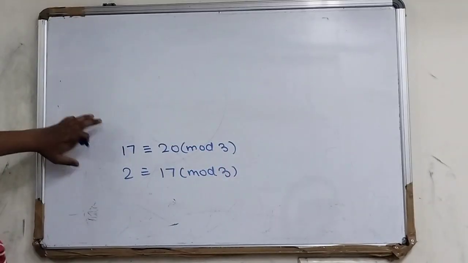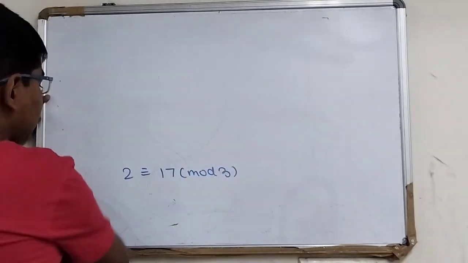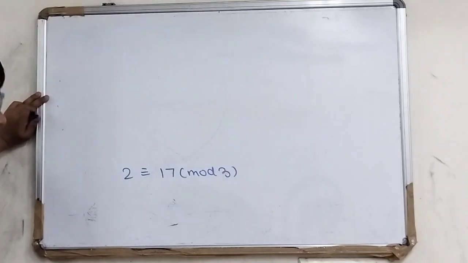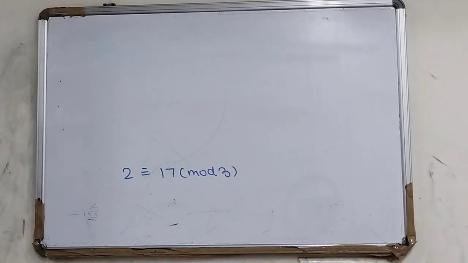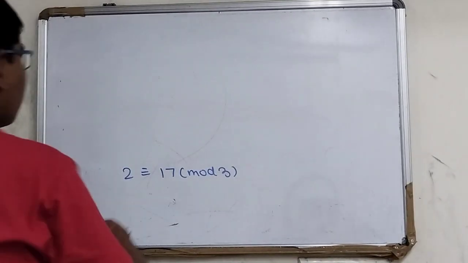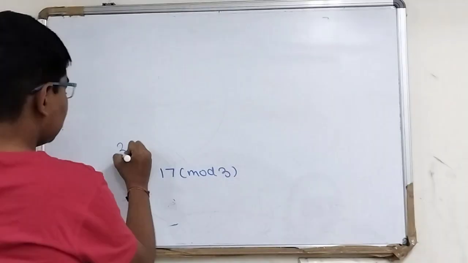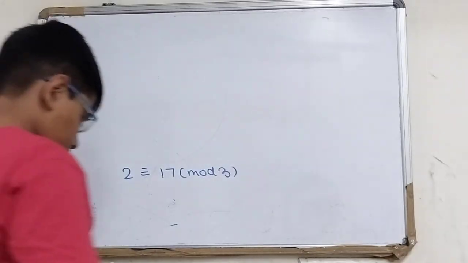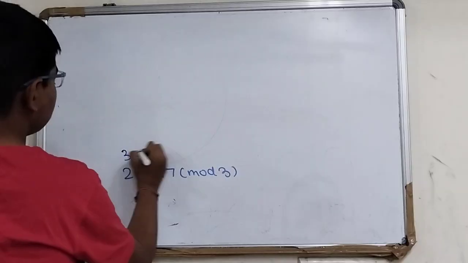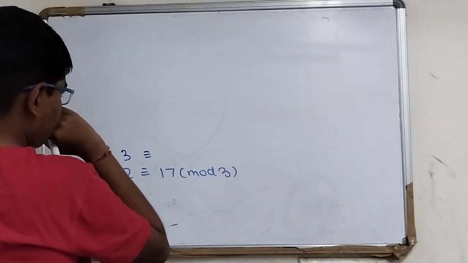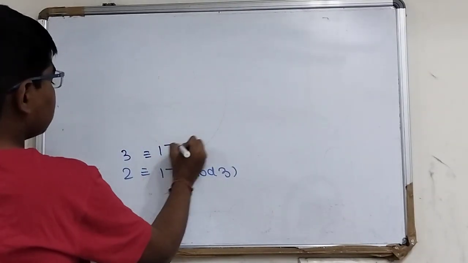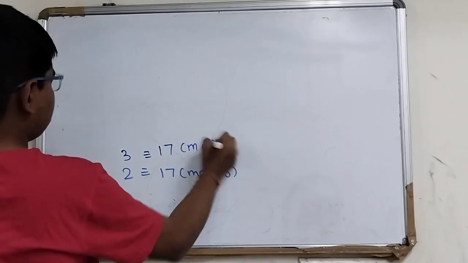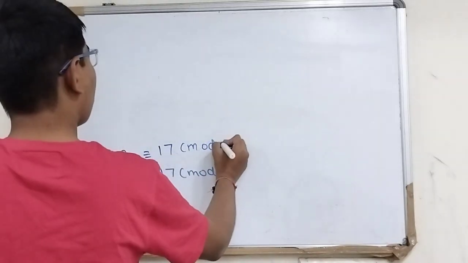So now, for example, we have this congruence. Now we have more congruences like this. For example, 3 congruent to 17 mod 7.